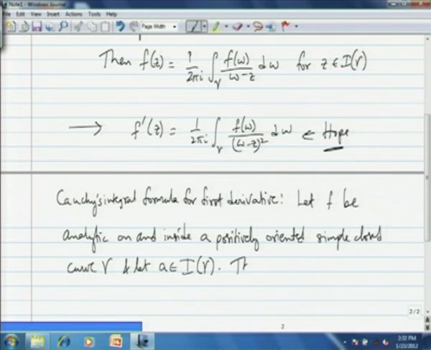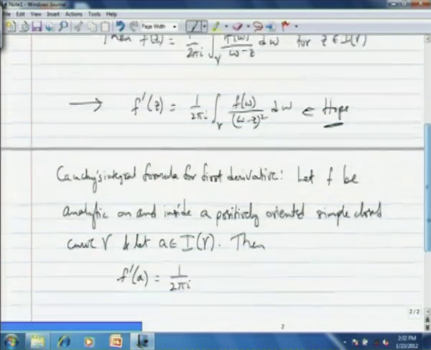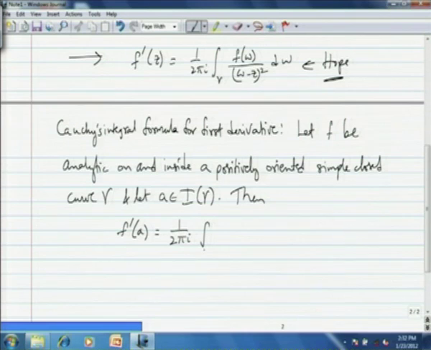Then f prime of A is 1 by 2 pi i integration over gamma of f of w by w minus A squared dw. Okay, so that is your Cauchy's integral formula for the first derivative.